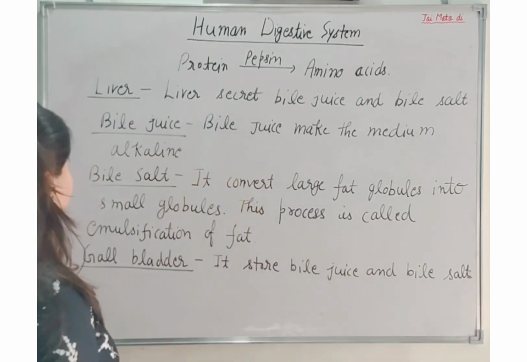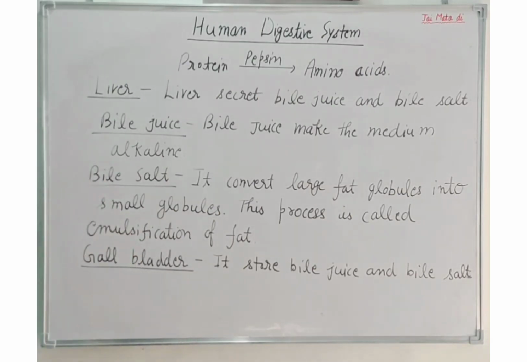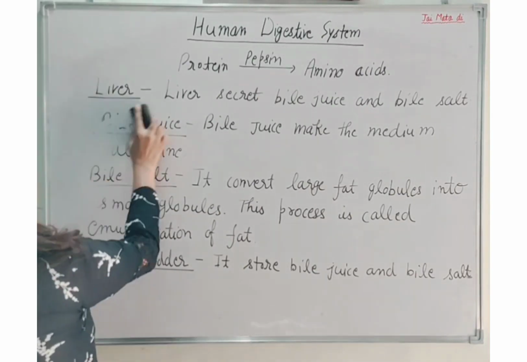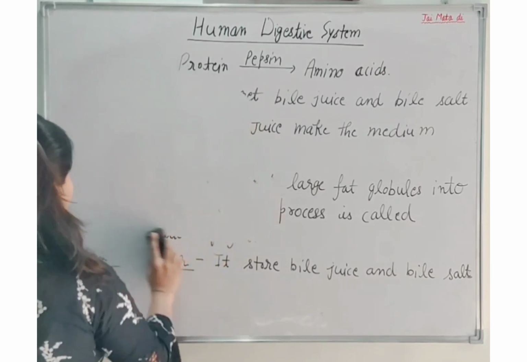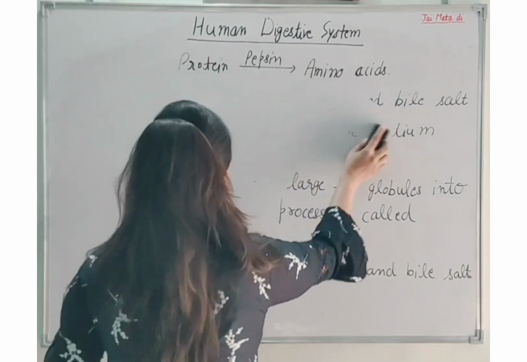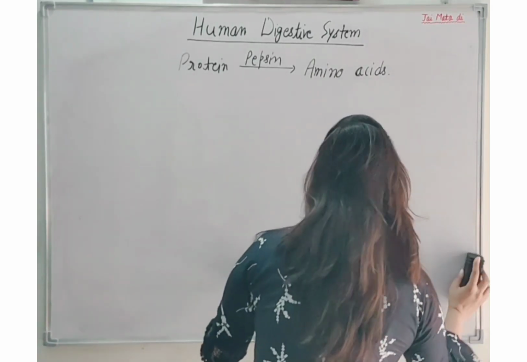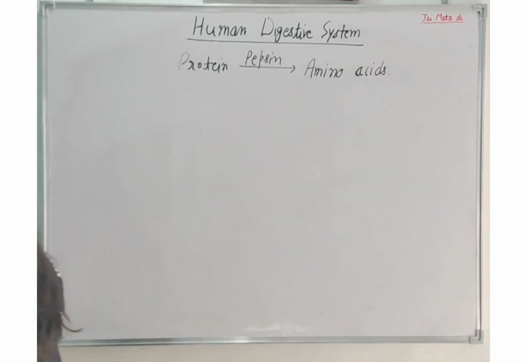Next come to the pancreas. We have seen pancreas in the diagram. That leaf type structure is known as pancreas. Pancreas secrete two enzymes, trypsin and lipase.